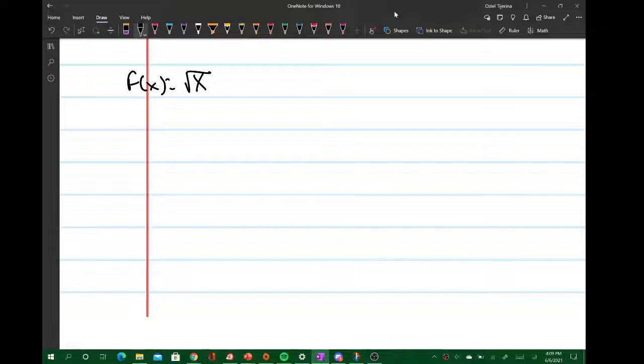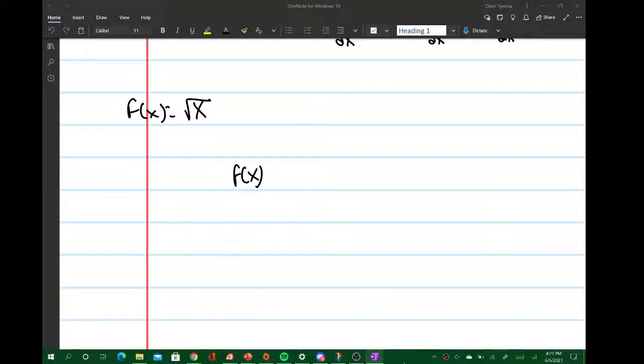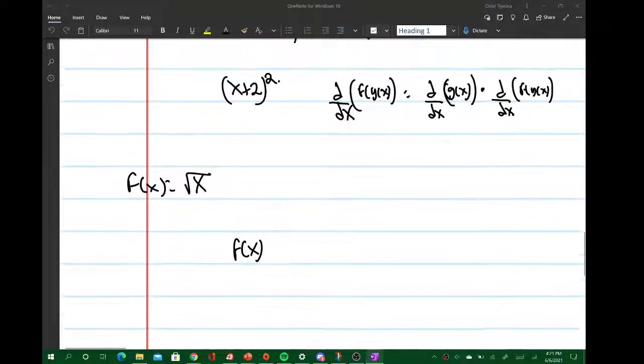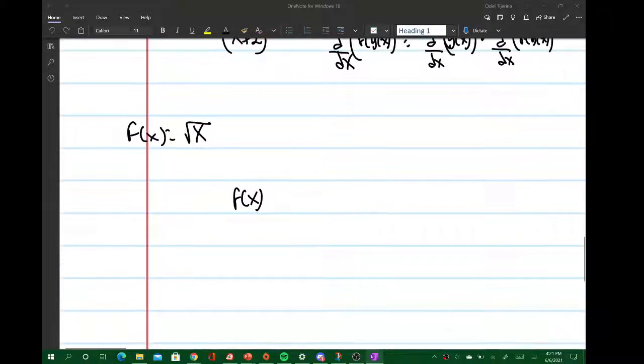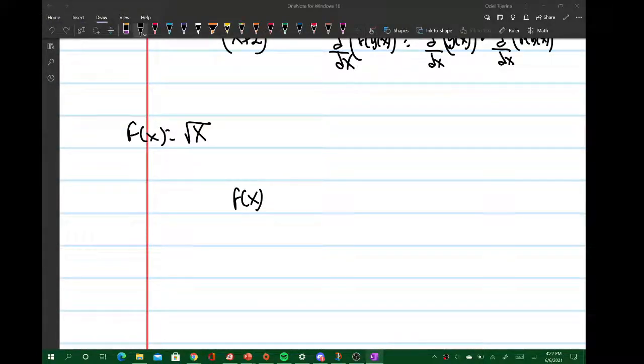So we have f of x equals the square root of x, and the way you can do this one is by turning it into exponential form, with the exponent on top. So you can say that this is equal to x raised to the 1/2 power.